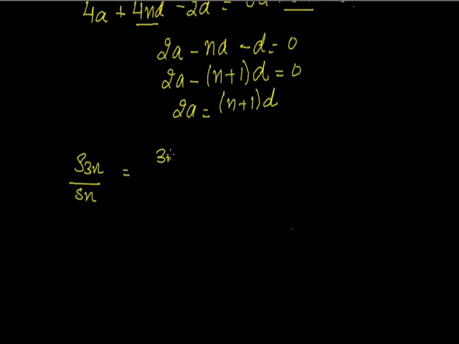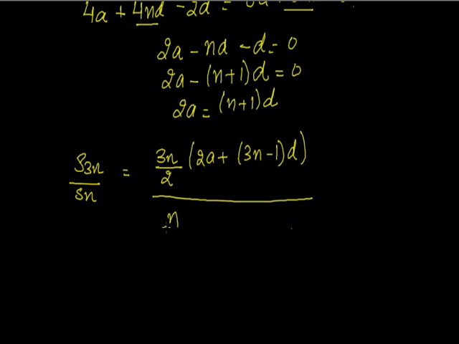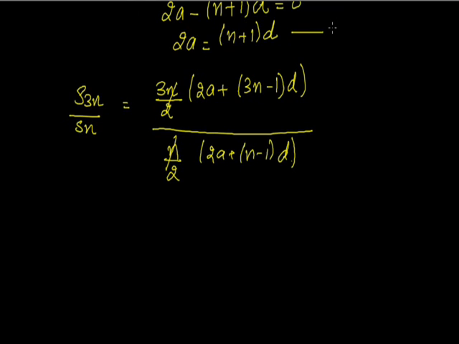S3n can be written as 3n by 2, the sum of 3n terms, that is 2a plus 3n minus 1 into d, and Sn means n by 2, 2a plus n minus 1 into d. Here n by 2 and n by 2 cancel out. So from equation 1 we put the value of 2a in this equation.